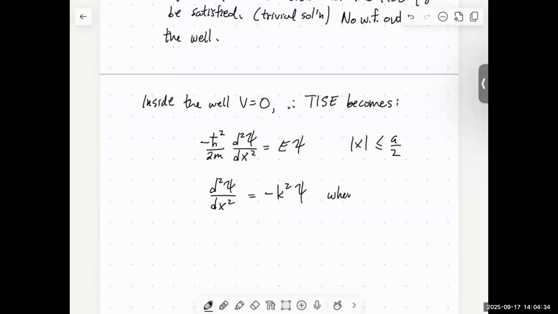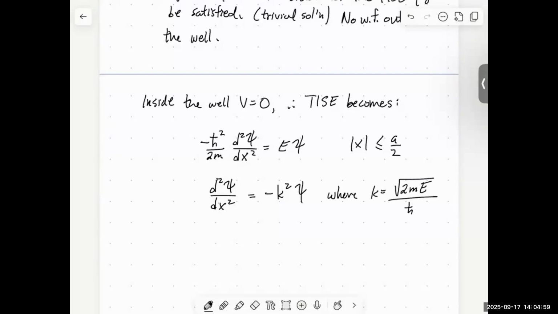So k is equal to the square root of 2m times E divided by h bar, since the h bar squared becomes just h bar.